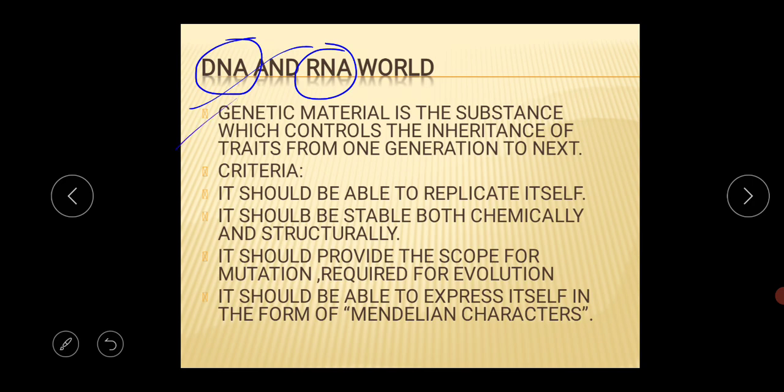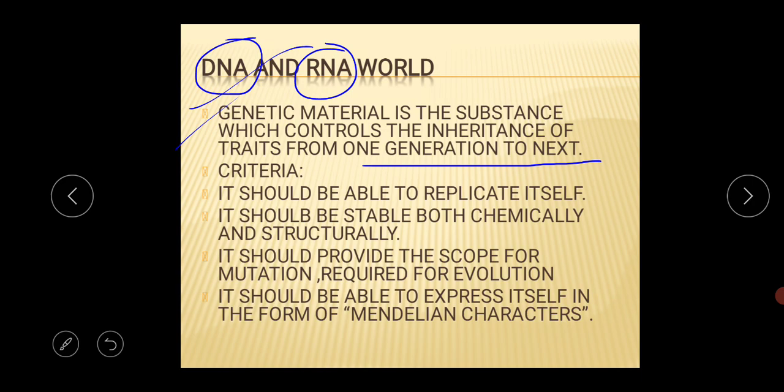Here, the genetic material is a kind of substance which controls the inheritance of traits from one generation to the next. I am repeating again, what is genetic material? You can ask me what the basic definition of genetic material is, and why DNA and RNA are the genetic material.